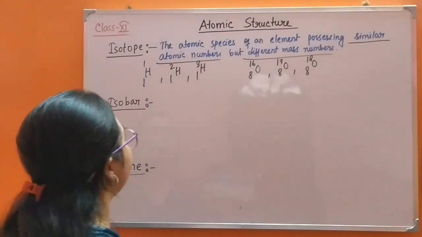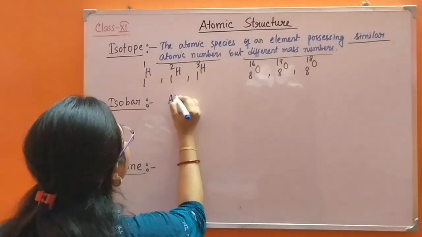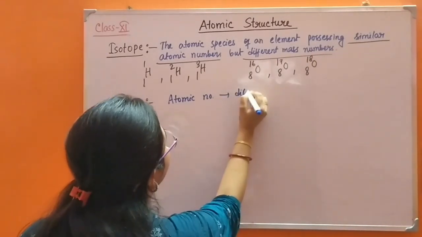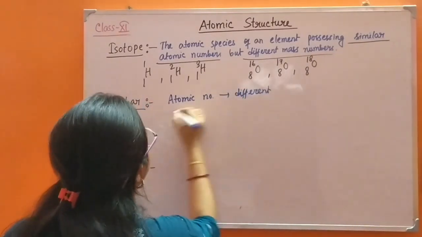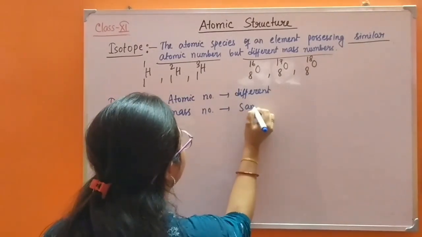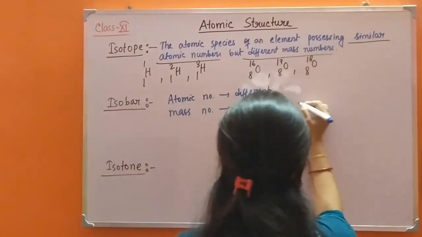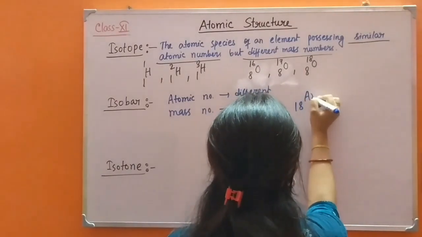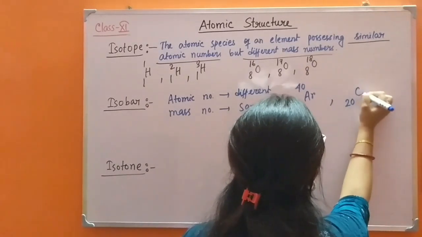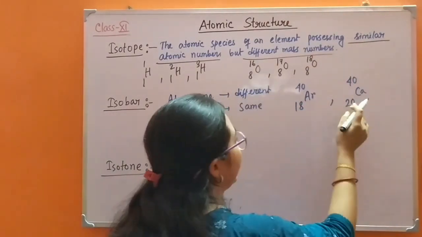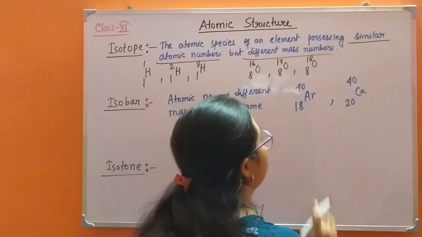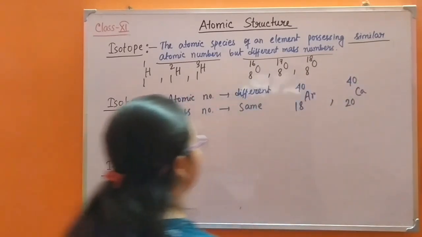In the case of isobars, atomic number is different but mass number is the same. For example, 18Ar40 and 20Ca40. Here atomic numbers are different, so elements are also different, but mass numbers are the same.